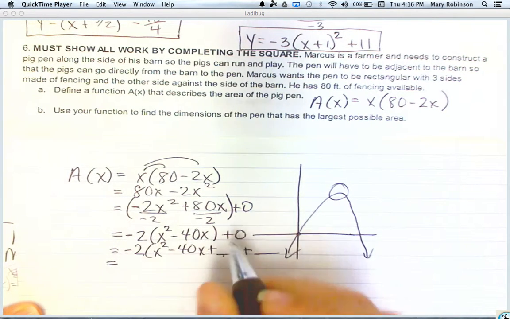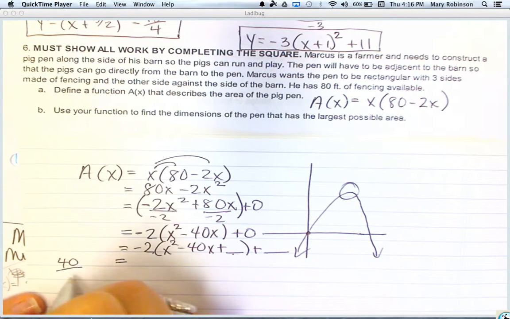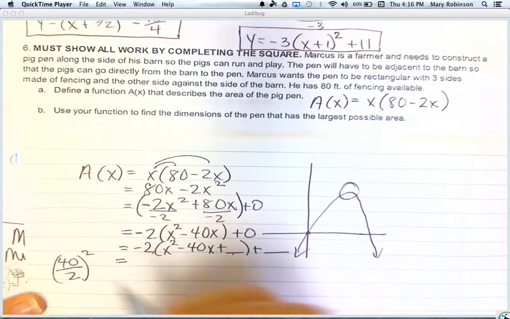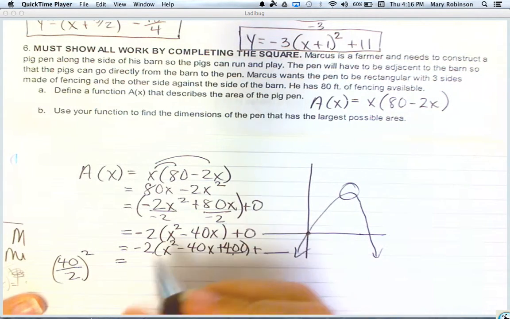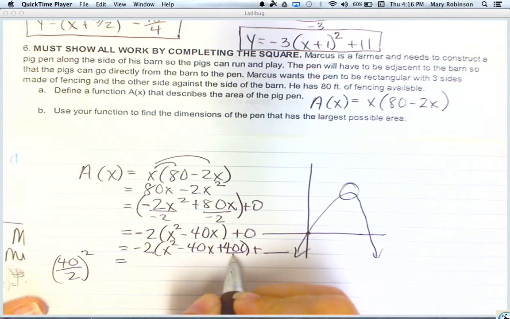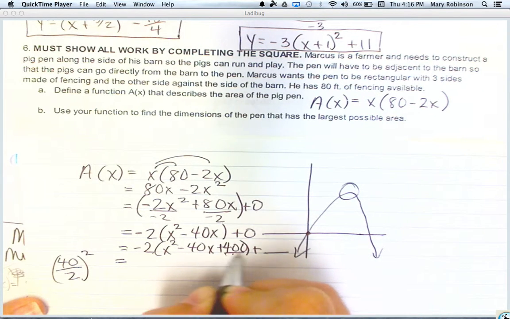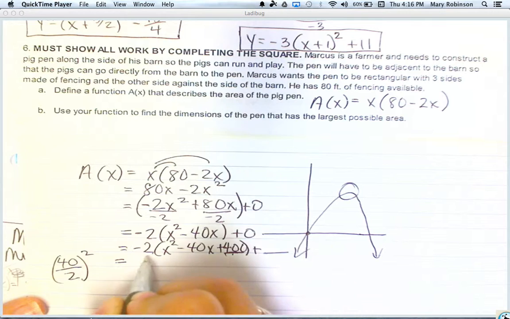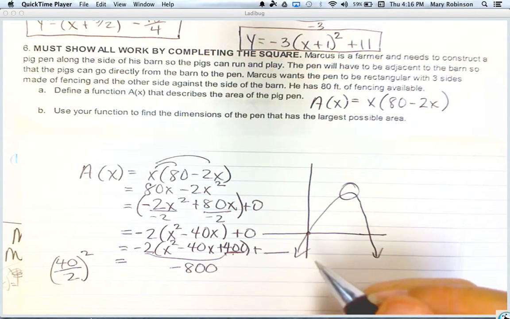The next step, we need to take half of b and square it. So half of 40 is 20. 20 squared is 400. Make sure that you recognize that you do not automatically add 400 here just because you added it here. If you were to distribute this, you would see that we really added in a negative 800 that was not there.